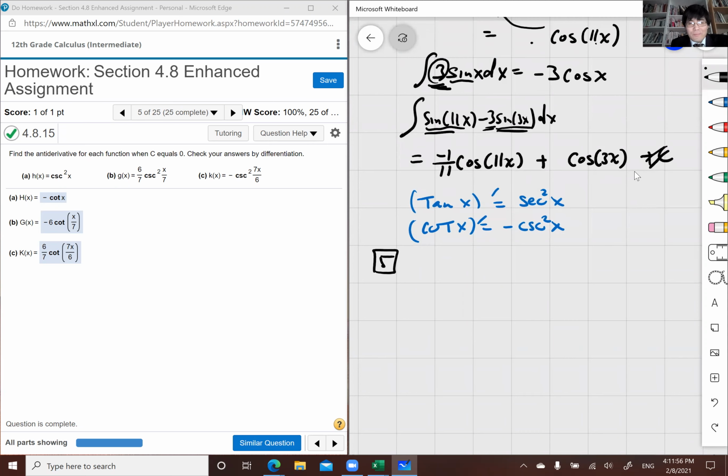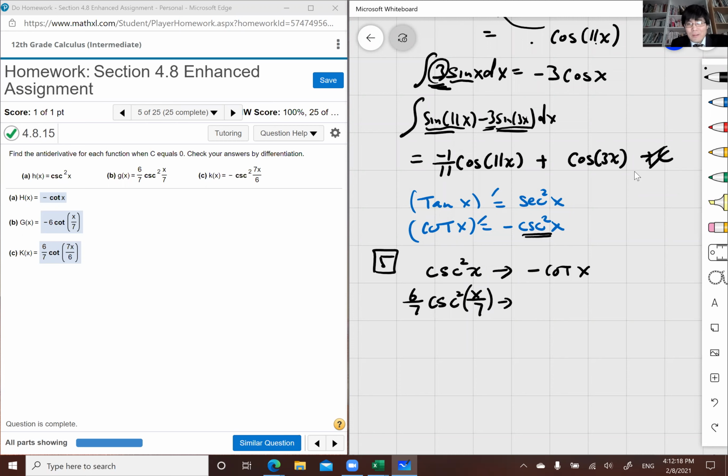So first one, the antiderivative of cosecant squared is basically cotangent, but you have to deal with negatives here. Now, how about this one when you have 7 in front? The idea is similar.